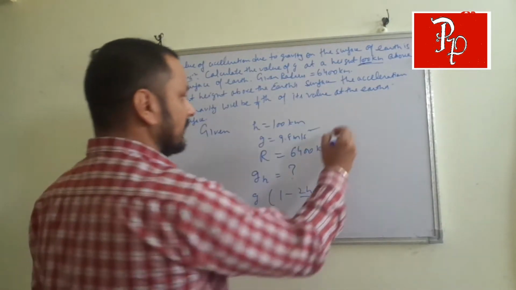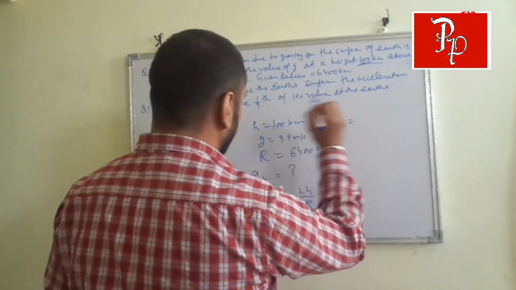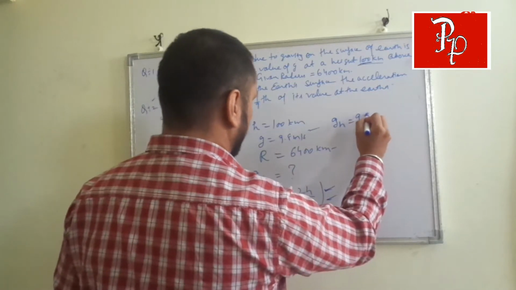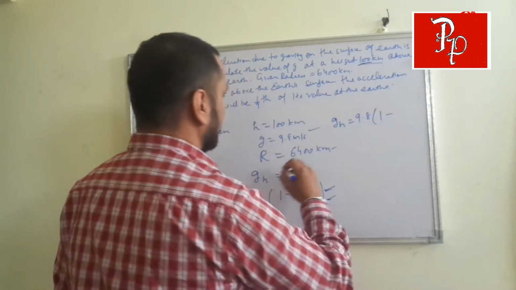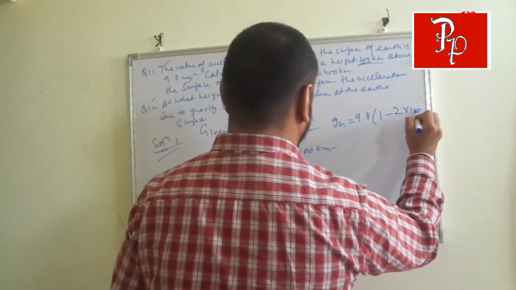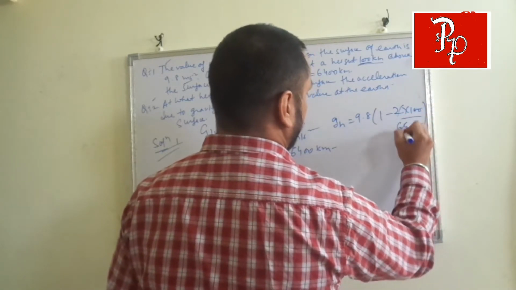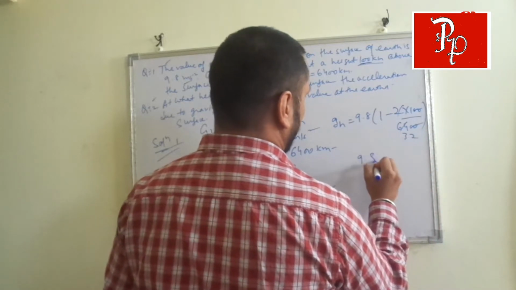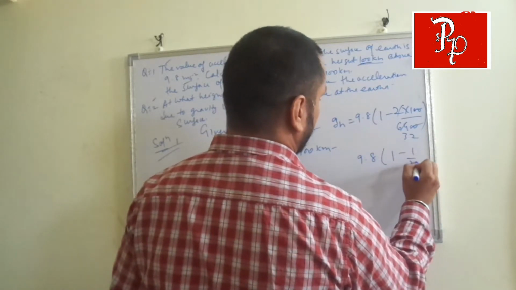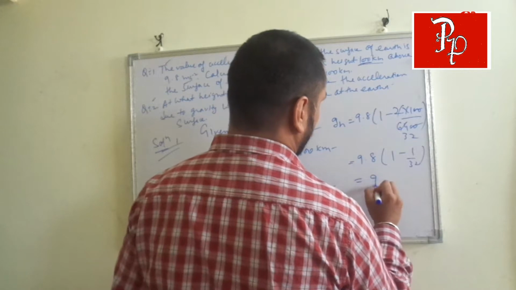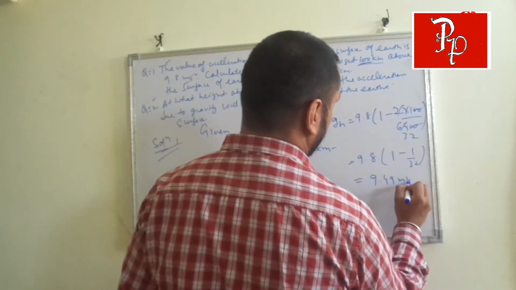Now here gh is equal to 9.8, 1 minus 2 into 100 upon r, that is 6400 kilometers. Zeros get cancelled, we get 9.8, 1 minus 1 upon 32. On solving this, we get 9.49 meter per second square.